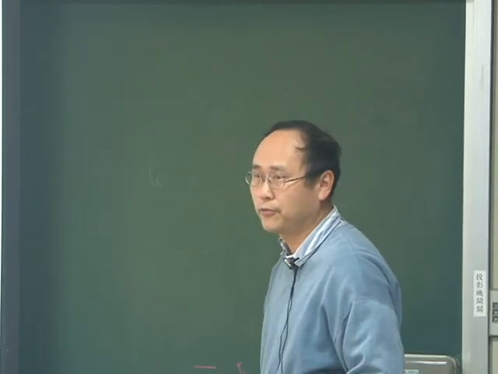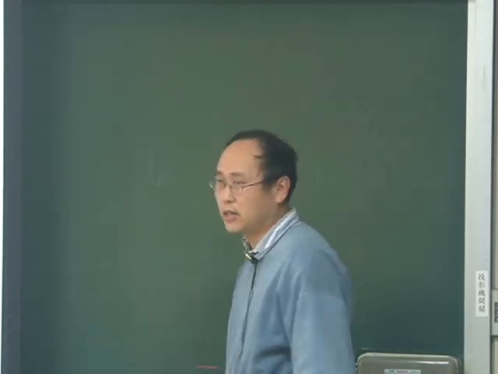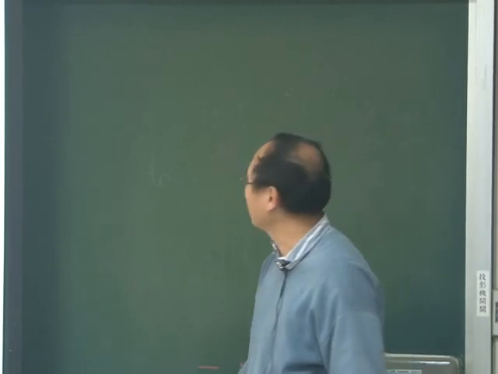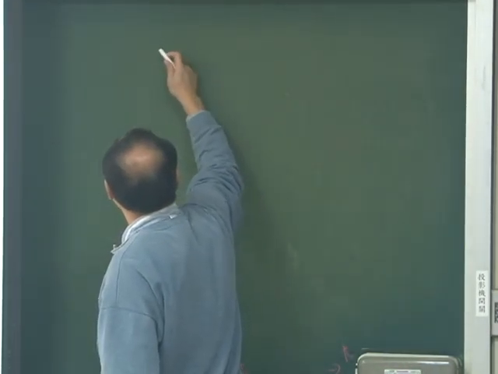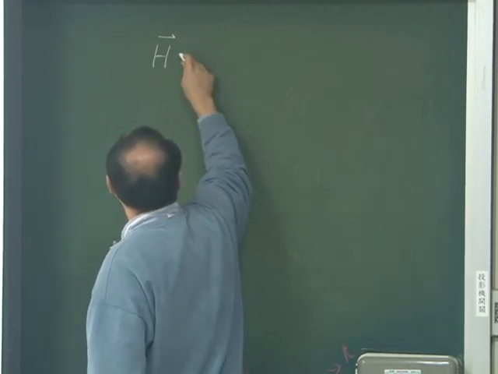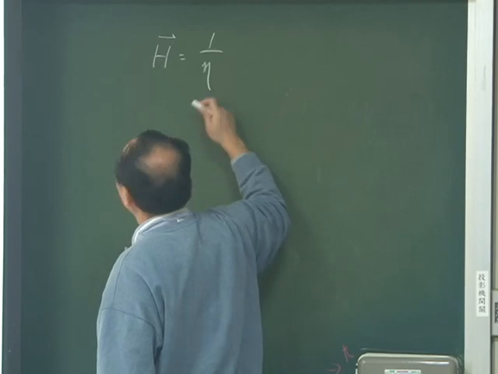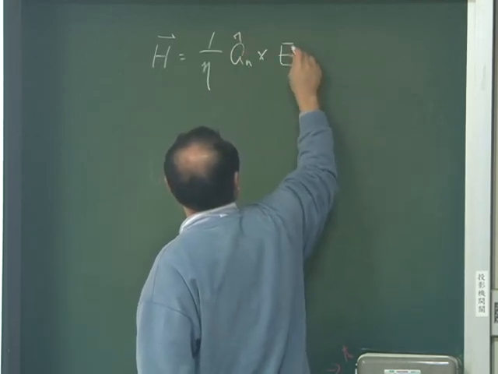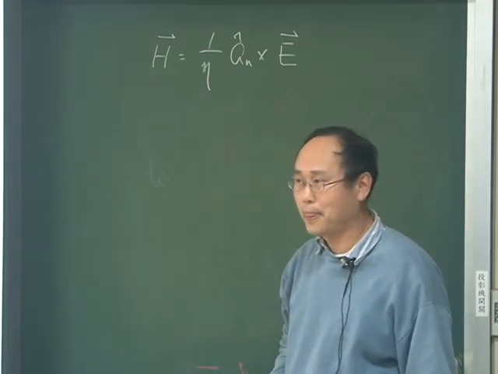Well, that is for the electric field, but given an electric field, you can actually calculate the magnetic field, right? If you know the electric field of a wave, then your magnetic field is equal to 1 over eta, propagation direction crossed with the electric field.